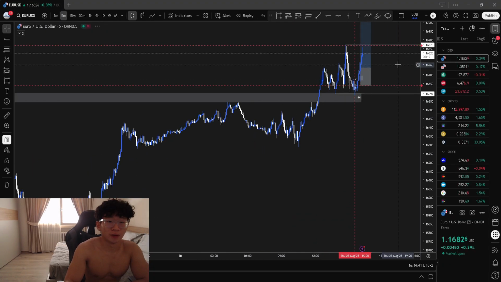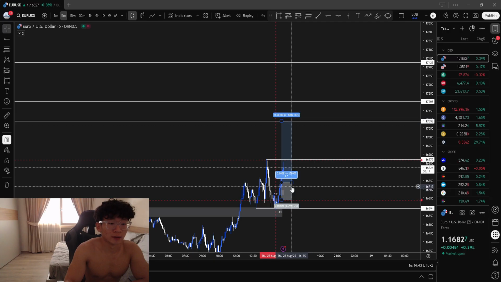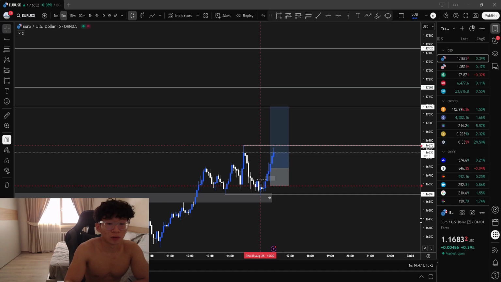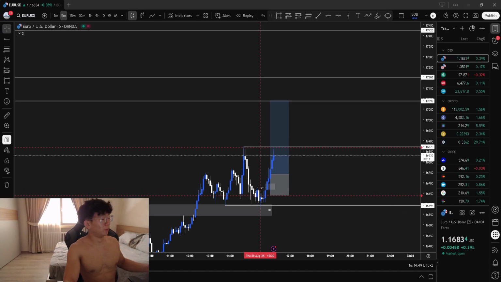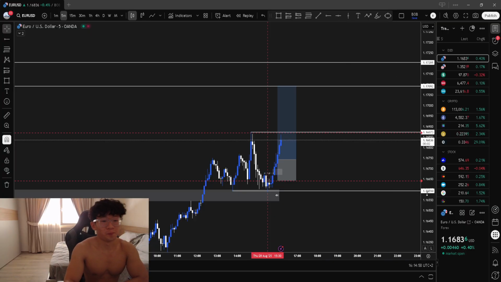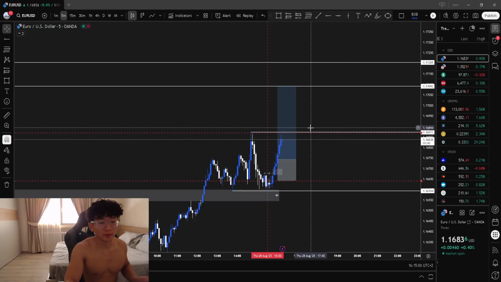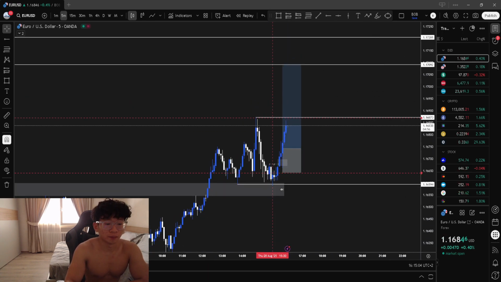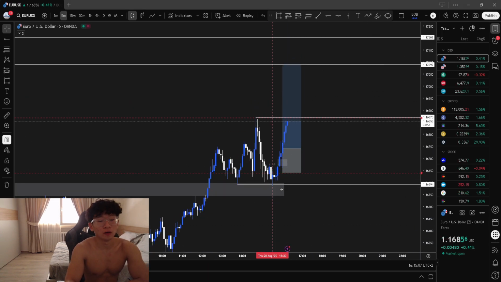It seems pretty, so there's still upside potential. What I'm going to do is just wait, and hopefully we do not get stopped out, but we have to follow our rules.